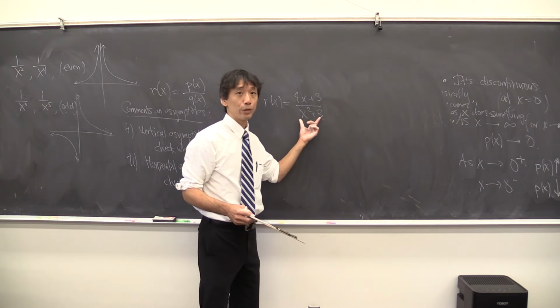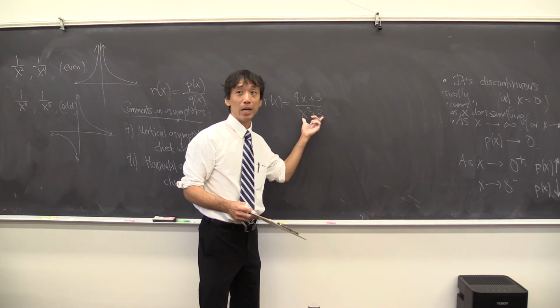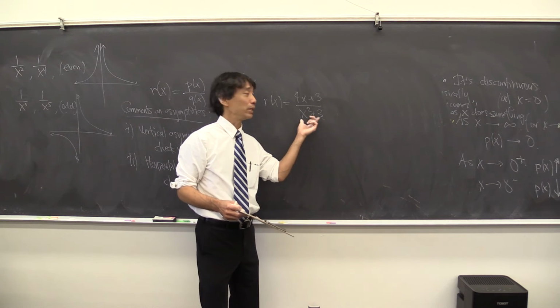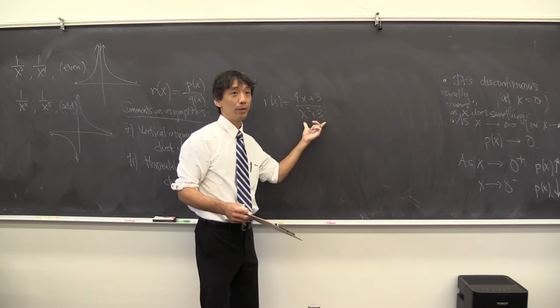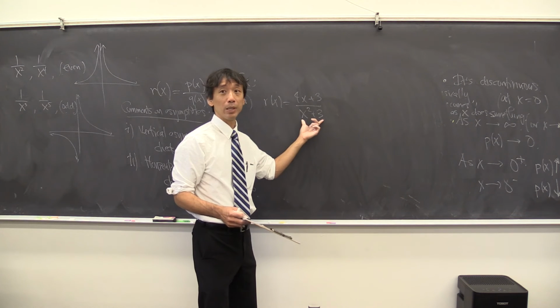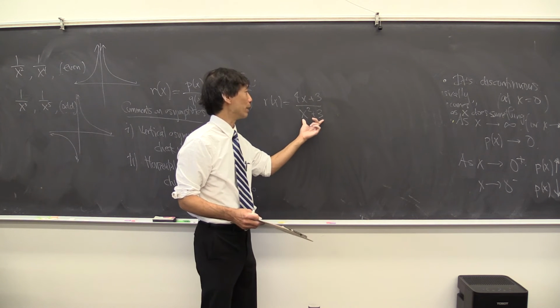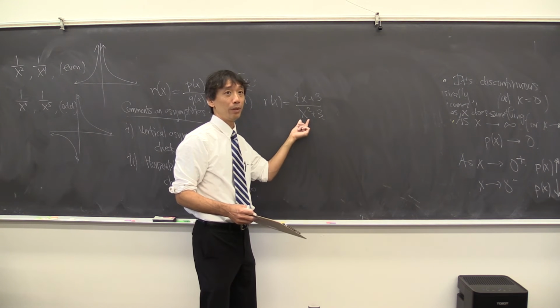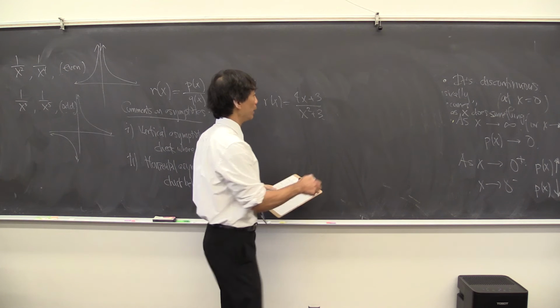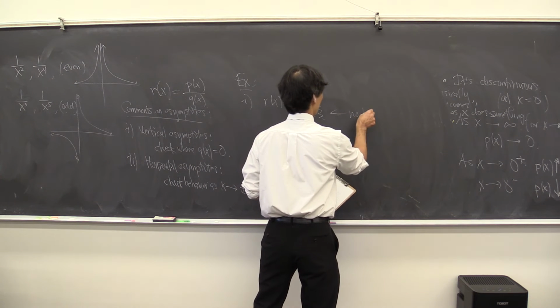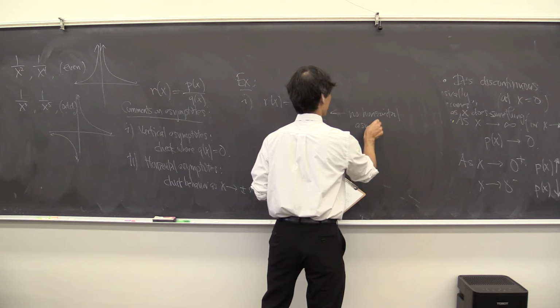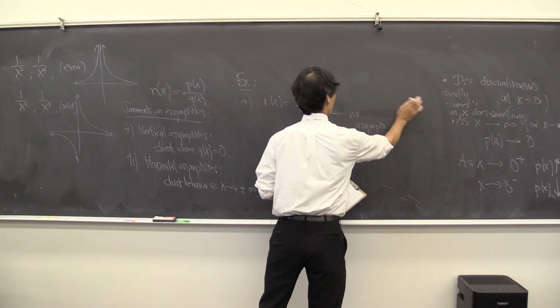It'll have vertical asymptotes wherever the denominator is 0. But this denominator never gets to 0, right? Because you see it's got x squared plus 3, so it has no zeros. You can't get 0 out of that, because x squared is always 0 or above. So it has no, I'm sorry, no vertical asymptotes.